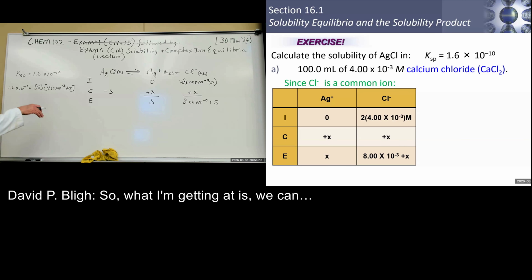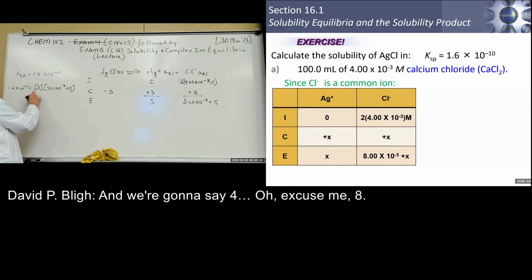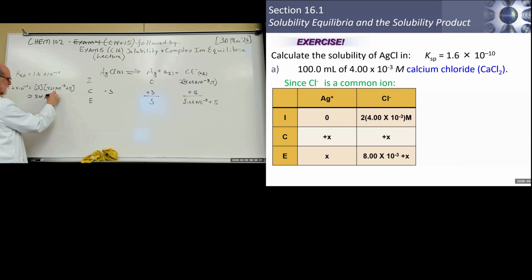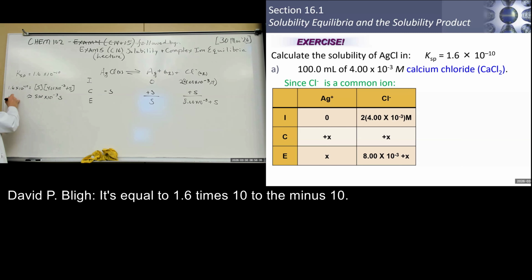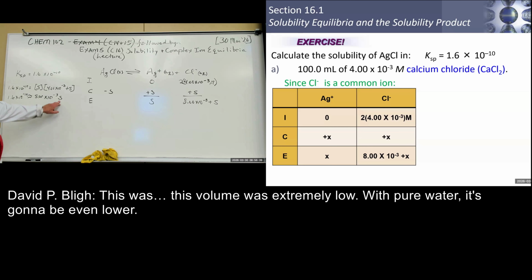So what I'm getting at is we can approximate this by leaving that S out. And we're going to say 8 times 10 to the minus 3 S is equal to 1.6 times 10 to the minus 10. This value was extremely low with pure water.